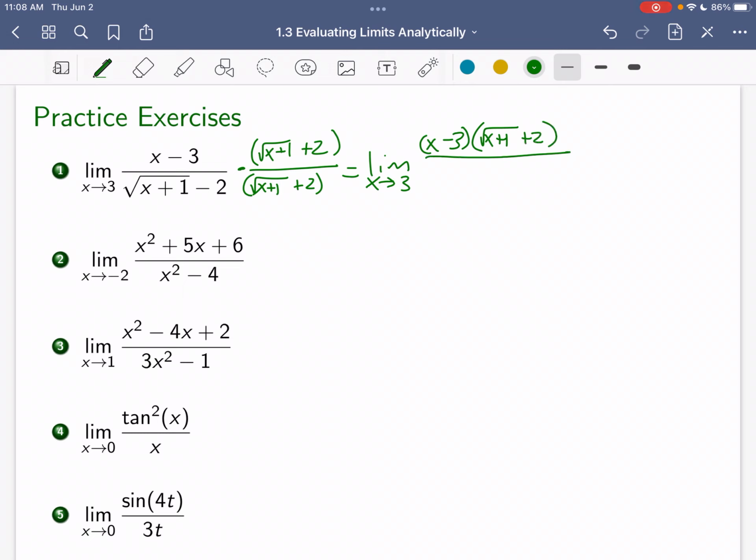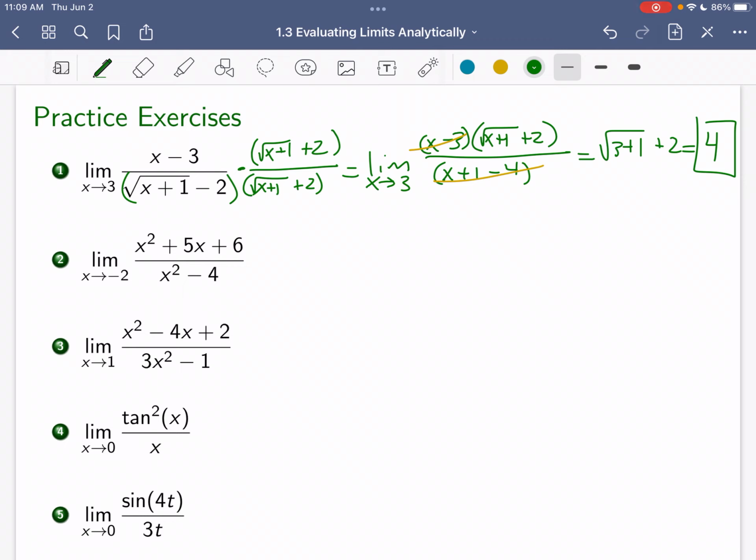The denominator, if we were to FOIL that out, we will have x plus 1 minus 4. X plus 1 minus 4 is x minus 3, so those x minus 3's cancel. And at this point, if we do direct substitution, we will get the square root of 3 plus 1 plus 2, which is 2 plus 2, or 4.